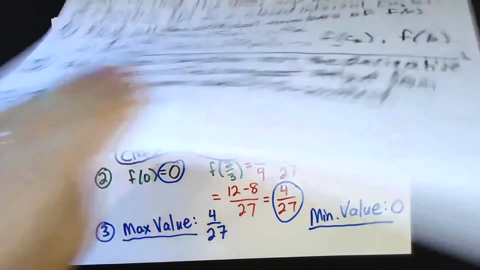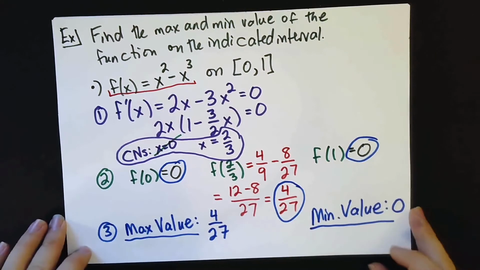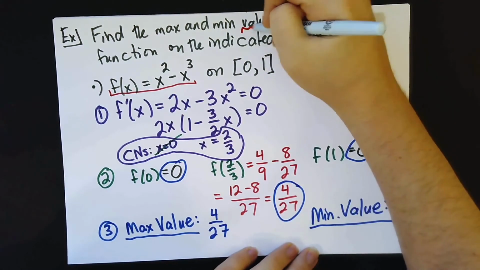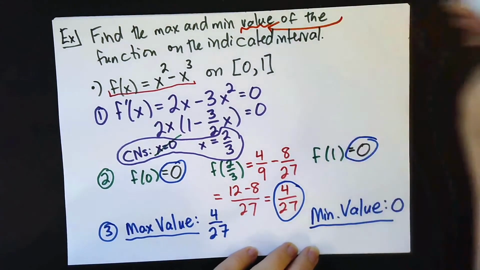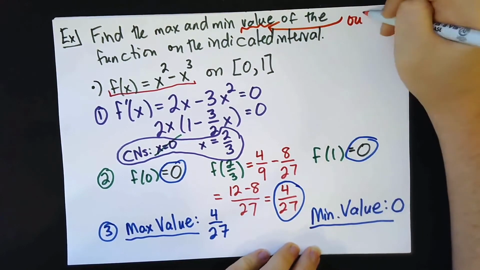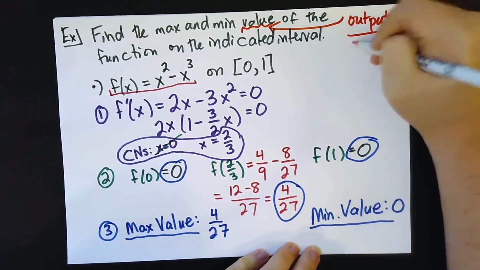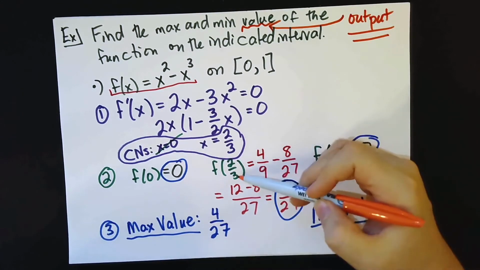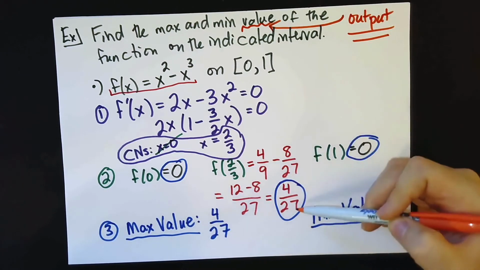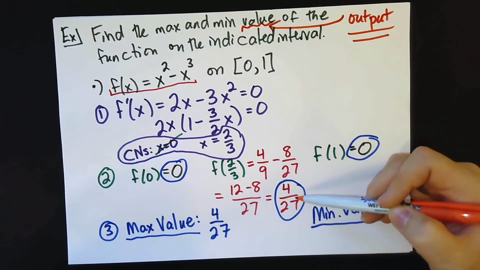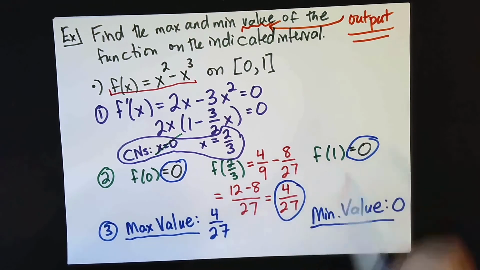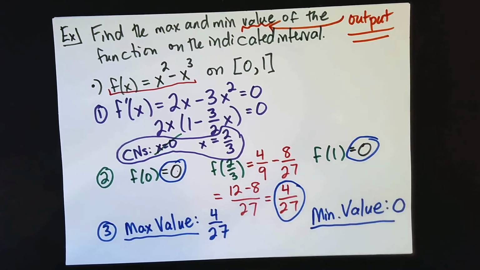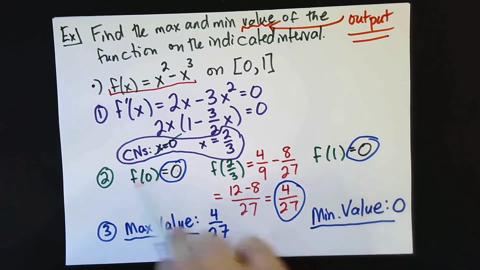Now, please note, when you're asked a question about finding the max and min value of a function, this word value tells you that the question is looking for the output, not the input. So in this case, I didn't give 2/3 as the answer, I gave 4/27. And I didn't give 0 or 1 as the answer. Well, I did give 0 as the answer, but I gave that 0 as an output, not one of those two inputs.